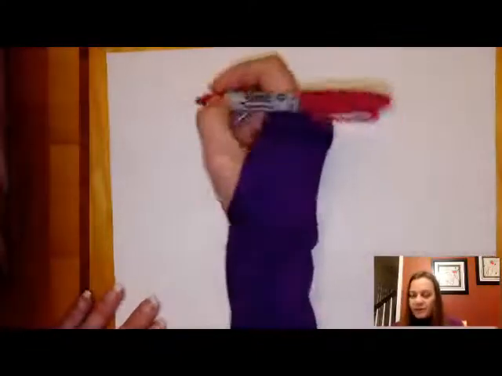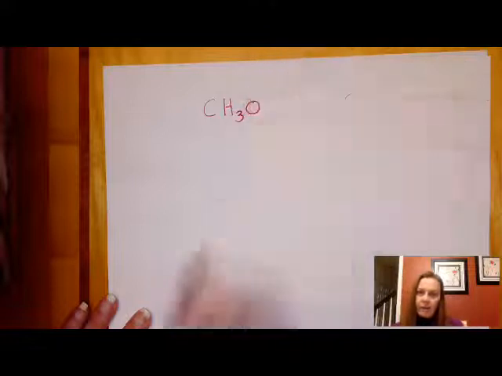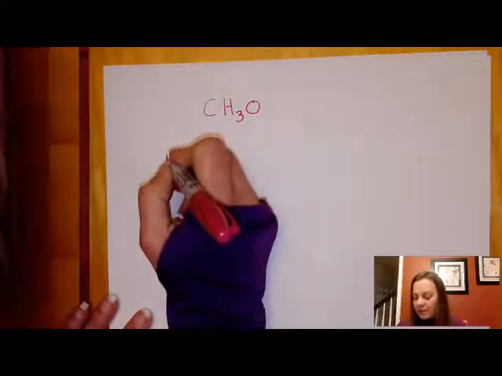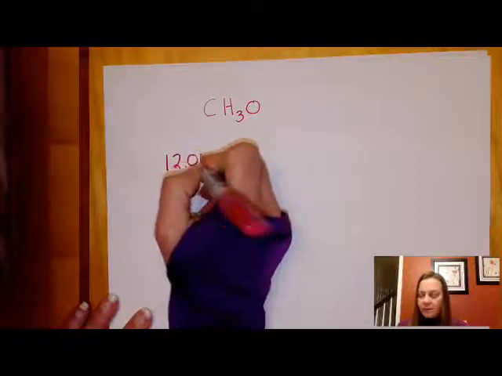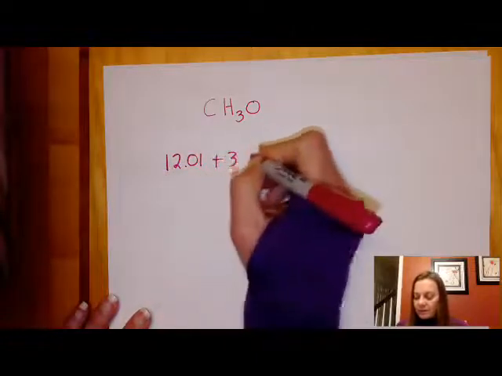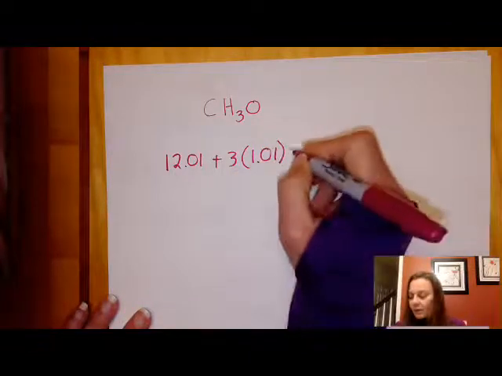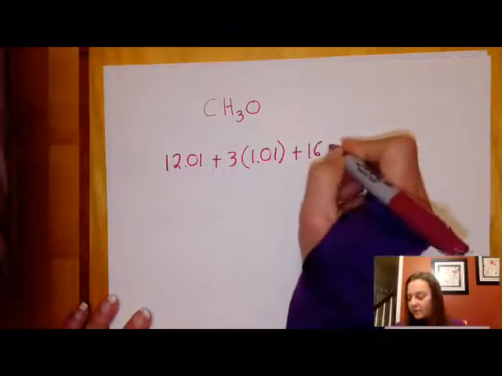So first we're going to find the empirical formula, so CH3O. And then we're going to find its empirical mass, so the mass of carbon, plus 3 times the mass of hydrogen, plus the mass of oxygen.